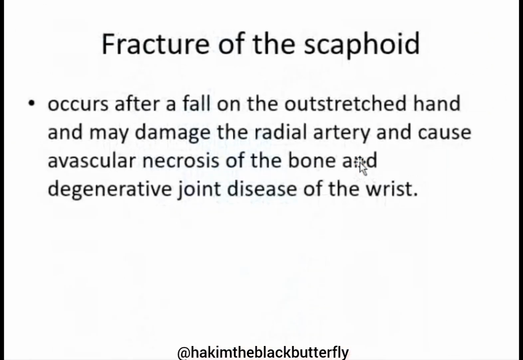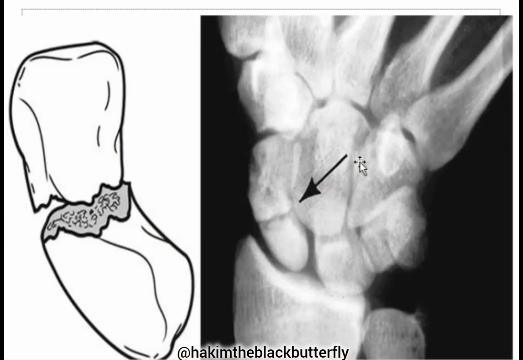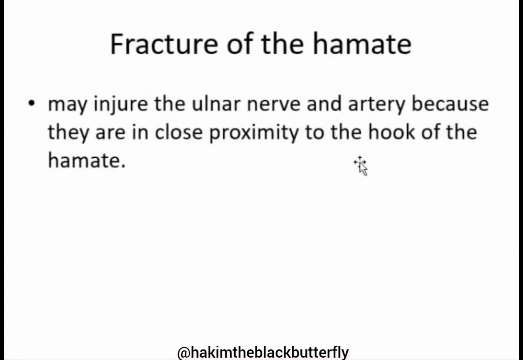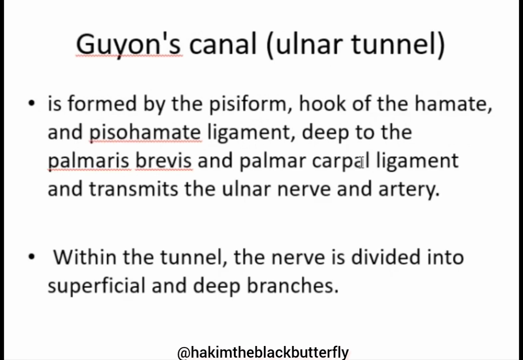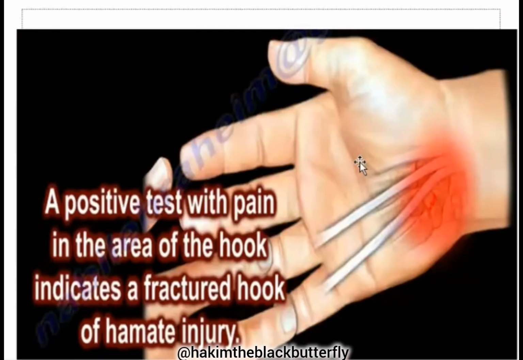Fractures like fractures of the scaphoid, leading to avascular necrosis of the bone and degenerative disease of the wrist joint. Then the Guyon's canal and the fractures of the hamate are very, very important. You go and read about them.